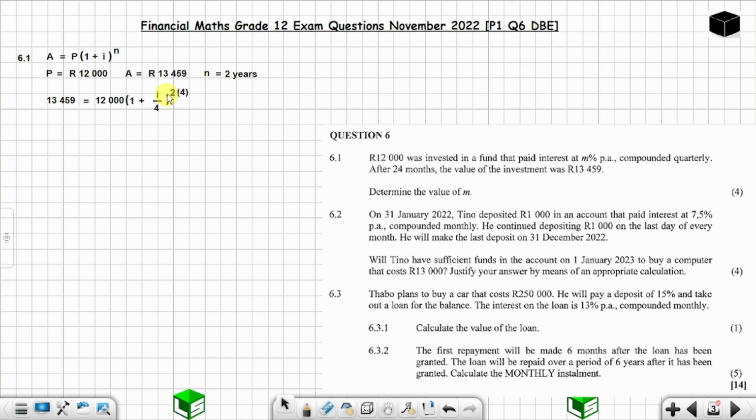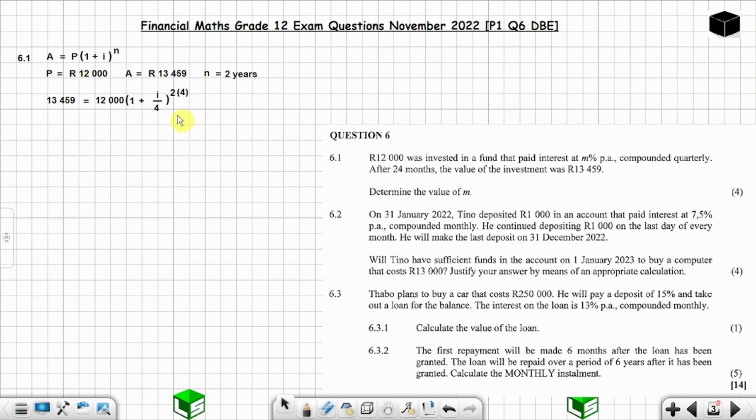Now if we can determine the value of I, we are going to determine the value of M, because the question says 12,000 was invested in a fund that paid interest at M% per annum compounded quarterly. So if you can determine I, you are going to determine the value of M easily.